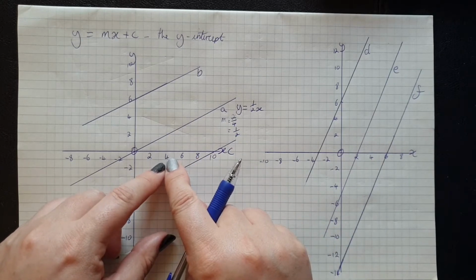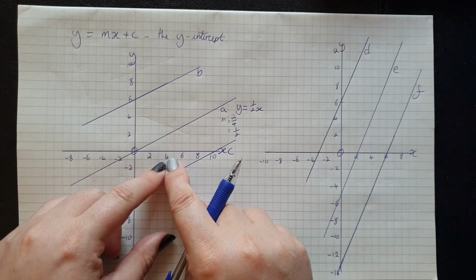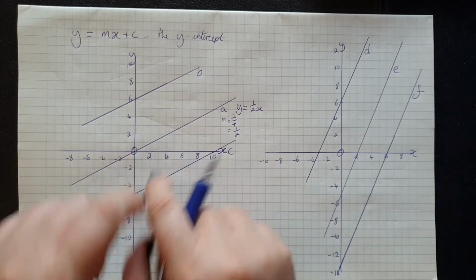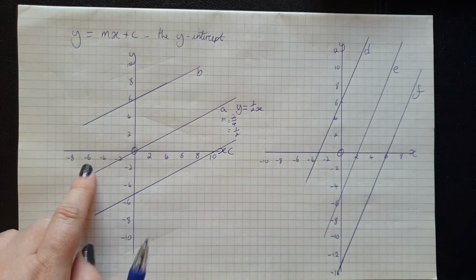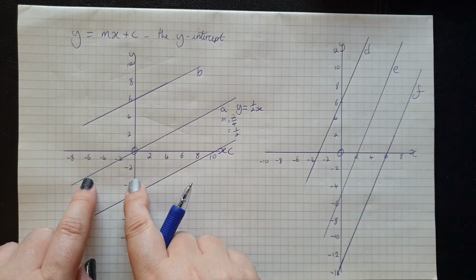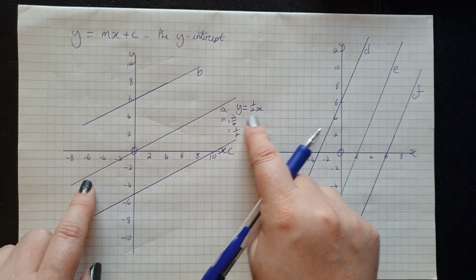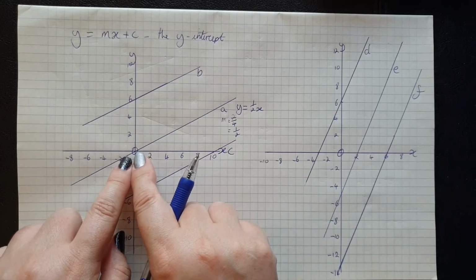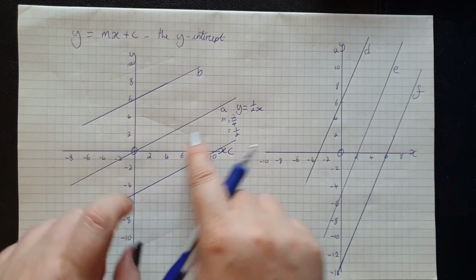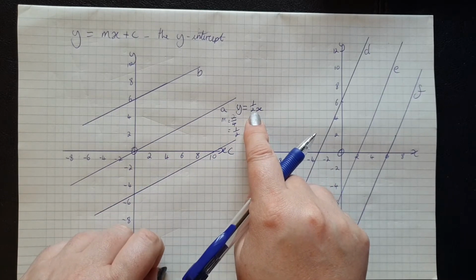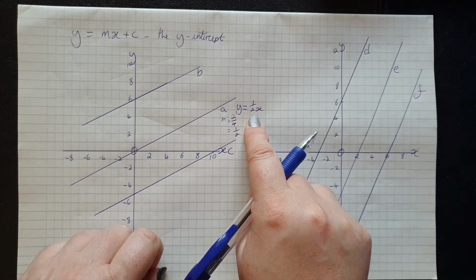So x is 4, half of x is 2, so y is 2. X is negative 6, half of negative 6 is negative 3, y is negative 3. Because it goes through the origin, through 0, 0, that is the equation of the graph there.